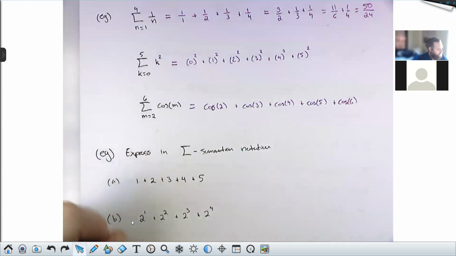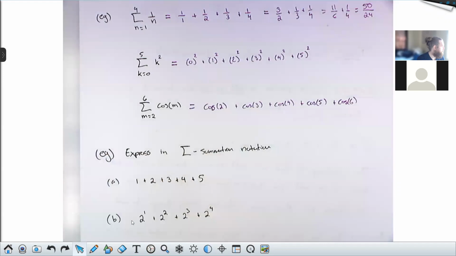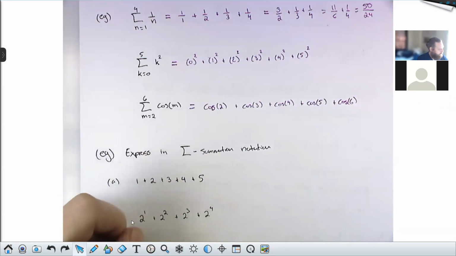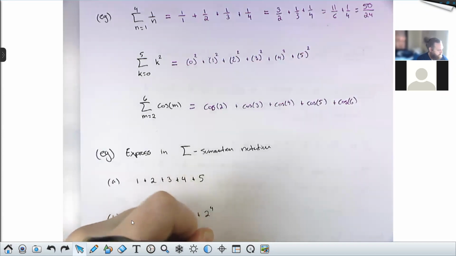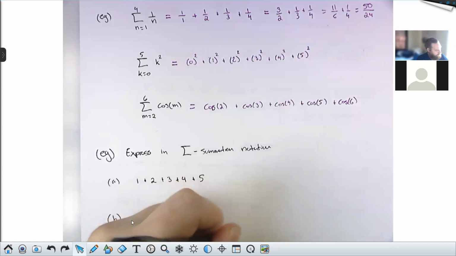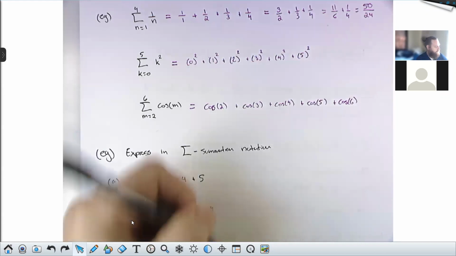And for C, I will write about 1 over 1 plus 1 over 4 plus 1 over 9 plus 1 over 16 plus 1 over 25.